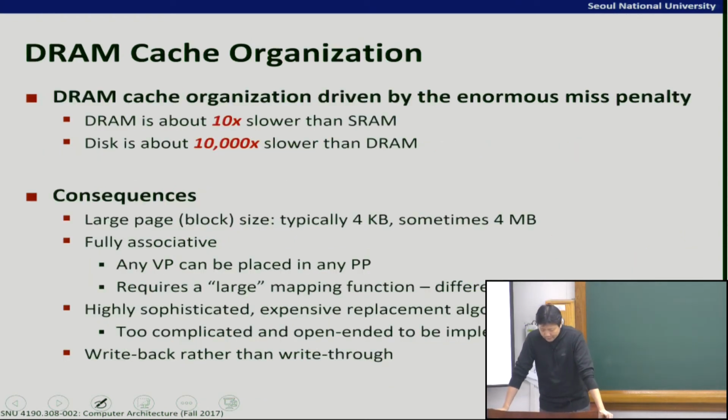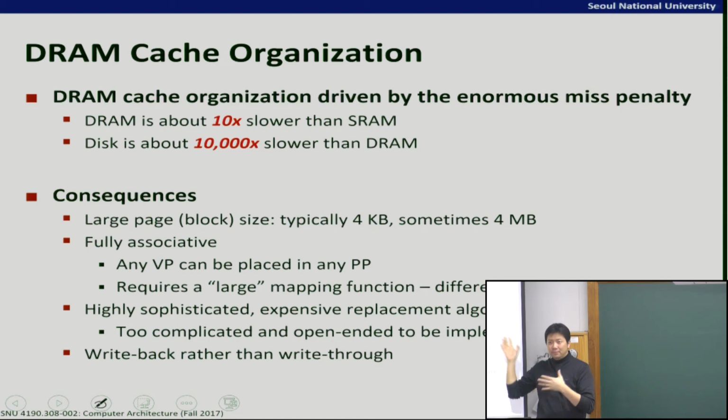So how can we organize this DRAM as cache? The organization of this paging system is driven by the enormous miss penalty, because in this case a cache miss is called a page fault. If a page fault happens, you have to request the page from disk to memory, that is, DRAM.